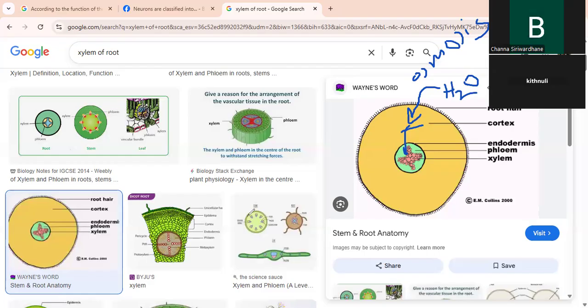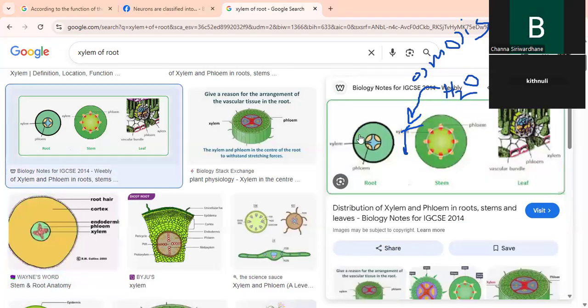Sorry, root. It is in the center of the root. This is what I say is the difference between the root and the stem cross sections.